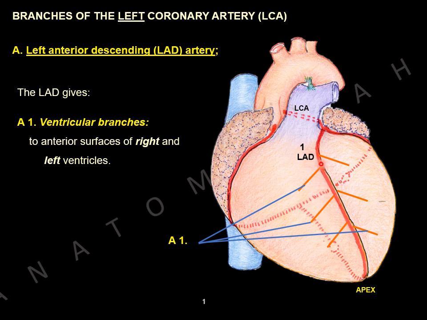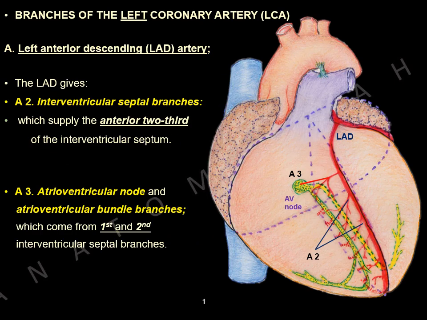The branches given by the left anterior descending artery, very first, are ventricular branches. They supply both the right and left anterior surfaces of the ventricles adjacent to the anterior interventricular sulcus.